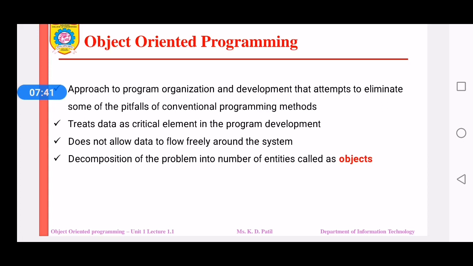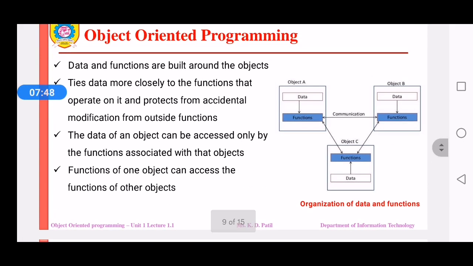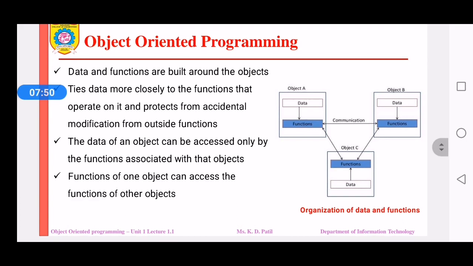The problem is decomposed into a number of entities called objects. In object-oriented programming, the data and functions are built around the objects. If you can see in the figure, this is the organization of data and functions in object-oriented programming.